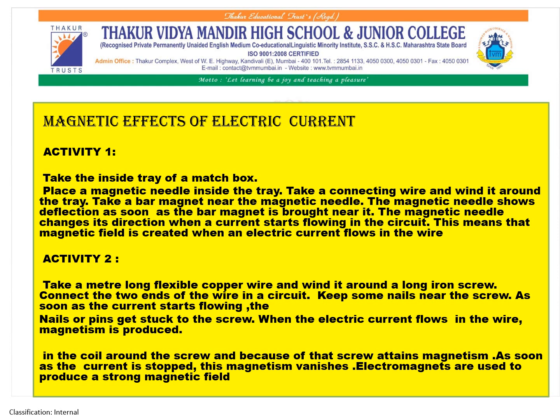When the electric current flows in the wire, magnetism is produced in the coil, and because of that, the screw attains magnetism. As soon as the current is stopped, this magnetism vanishes. Electromagnets are used to produce a strong magnetic field.